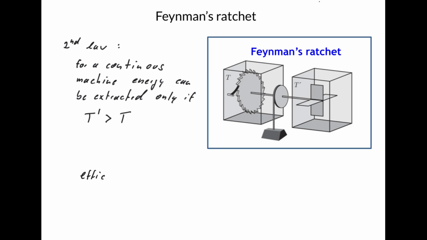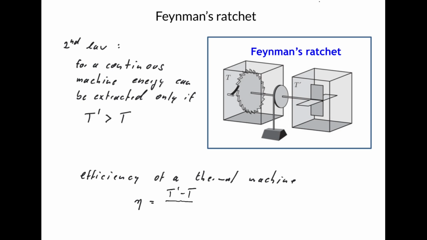Now, also from thermodynamics, we know we can determine the efficiency of such a machine, and we know that the efficiency is given by the temperature difference between the hot and the cold compartment divided by the temperature of the cold compartment.